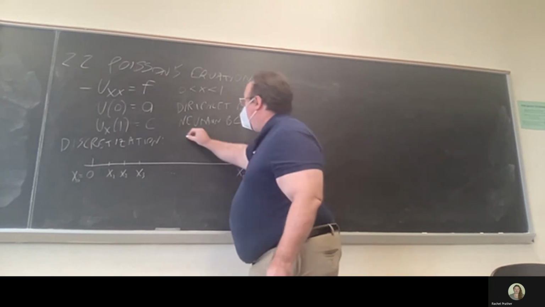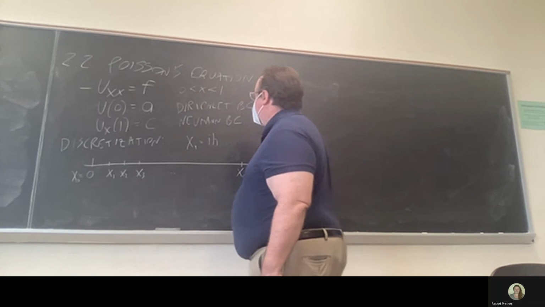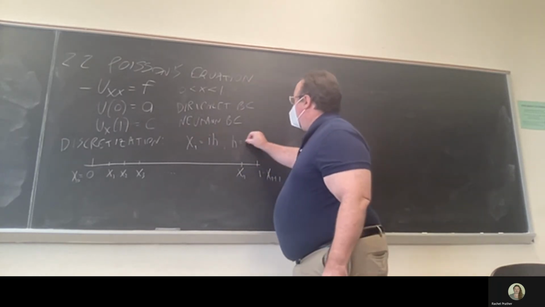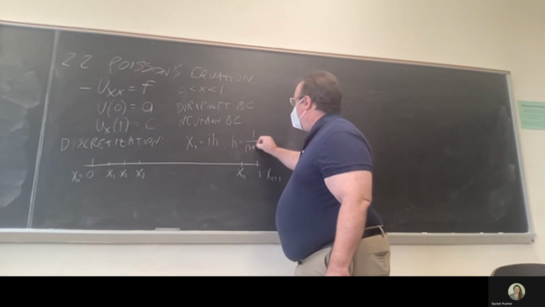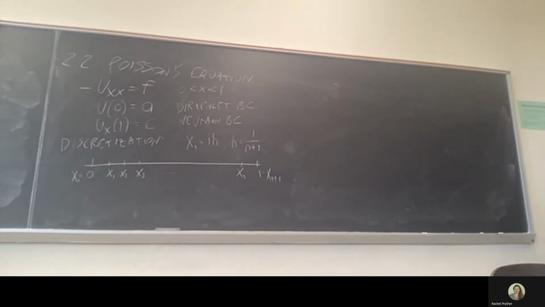And we have a formula for each grid point. It's the index i times the spacing h, equal spacing, so it's just the length of the interval divided by n plus 1. So if you have n interior points, the spacing has to be 1 over n plus 1.